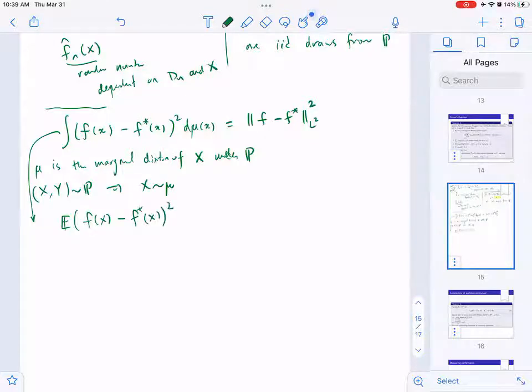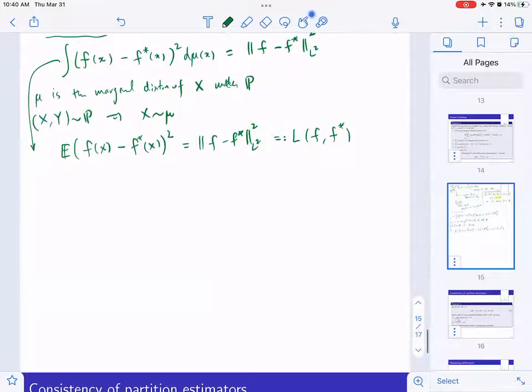It's exactly the same quantity, because I'm taking the expectation with respect to the distribution of x. This is my test point, right? So if you unpack this, it's just this guy. That's another way of writing our loss function. So I let this be my loss function. This measures how well we're doing.